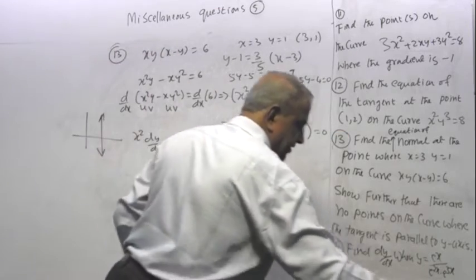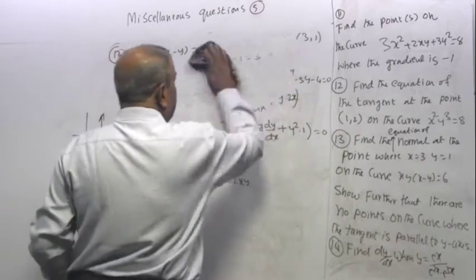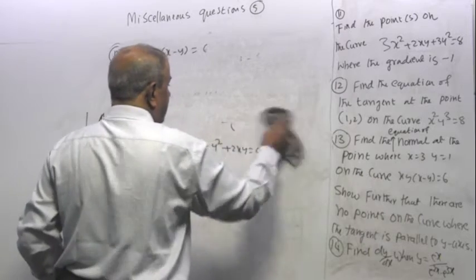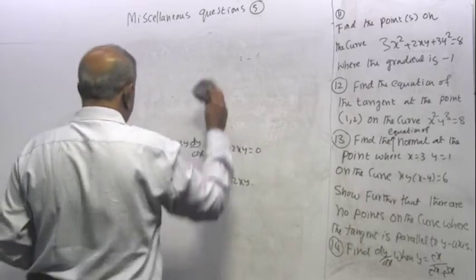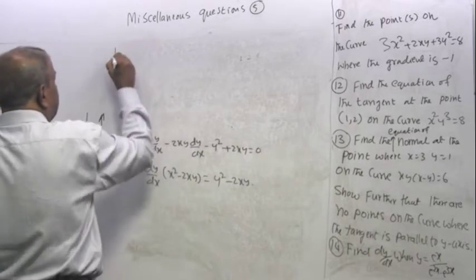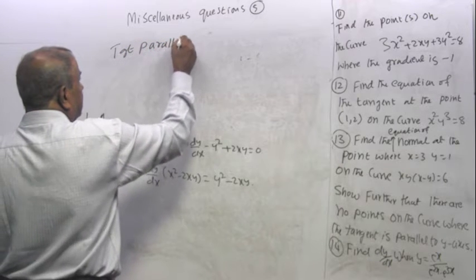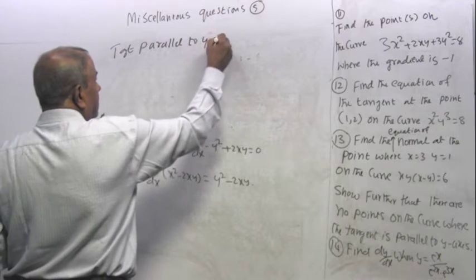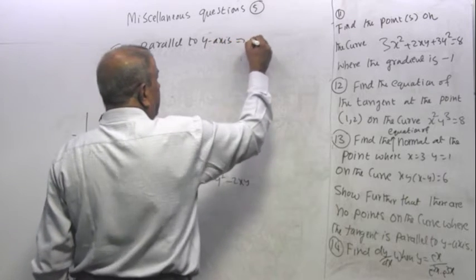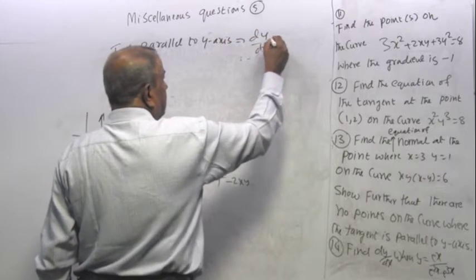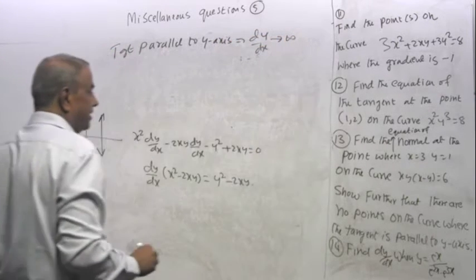So let me just rub this off. I don't need this. I just need dy by dx. So in other words, tangent parallel to y-axis means dy by dx should tend to infinity.